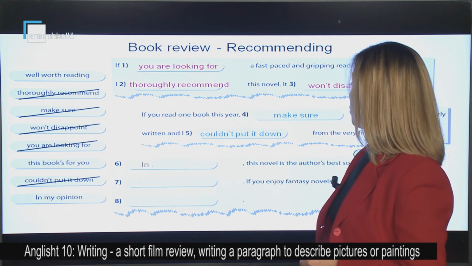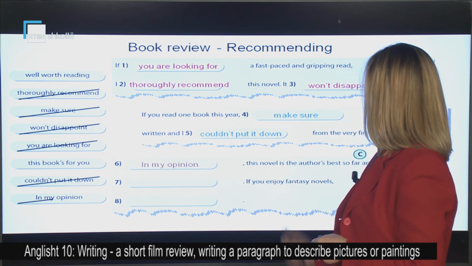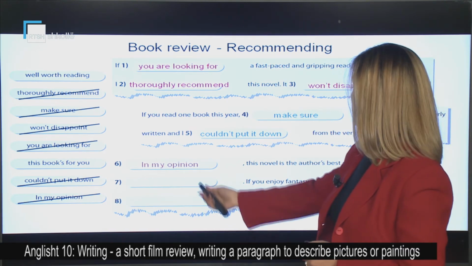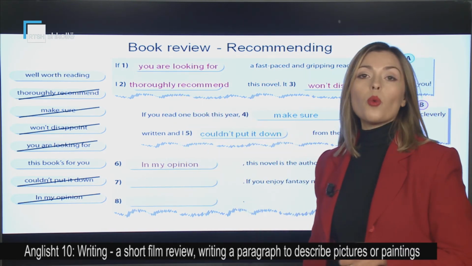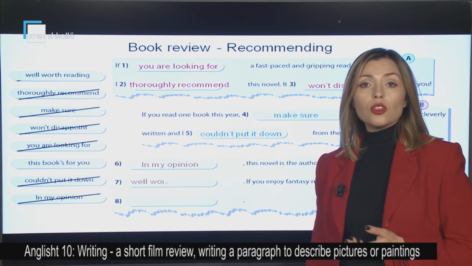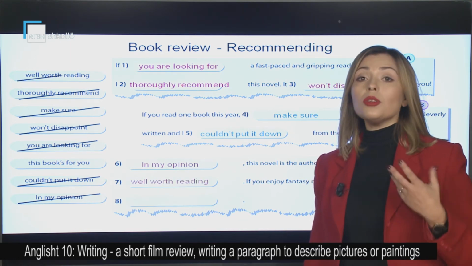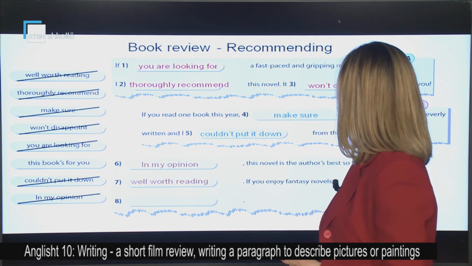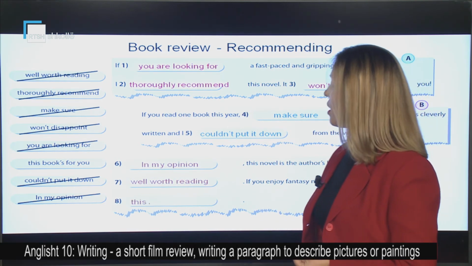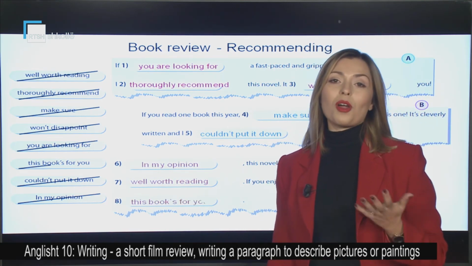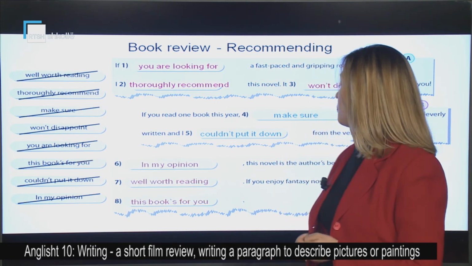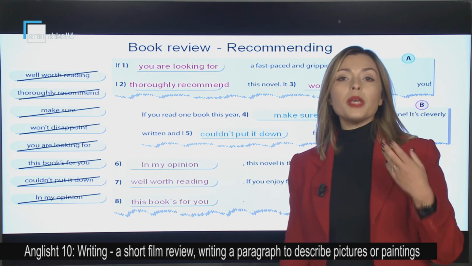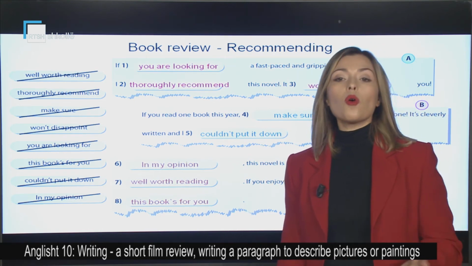In my opinion, this novel is the author's best so far, and it is well worth reading. So you need to buy it, you need to read it. It's really interesting. If you enjoy fantasy novels, then this book is the one for you. This is for you. Okay, we saw three different ways of recommending either a book or a film.